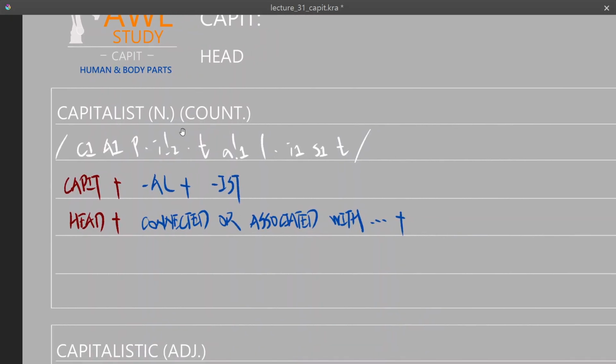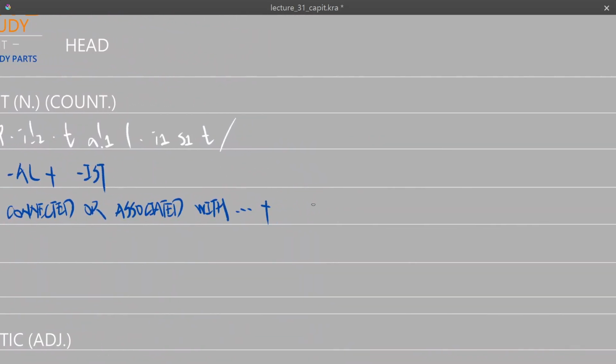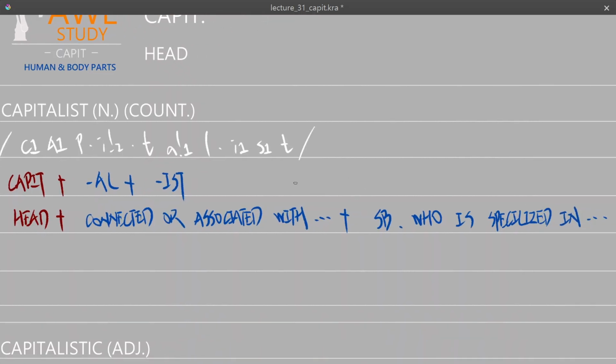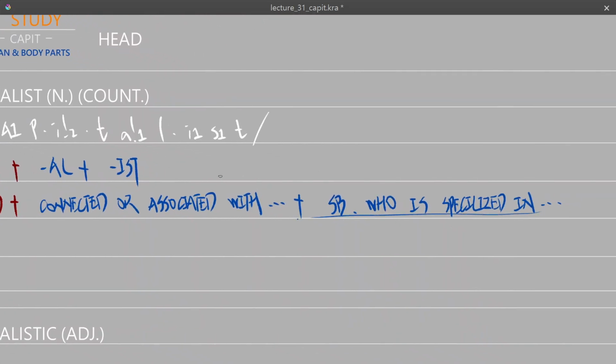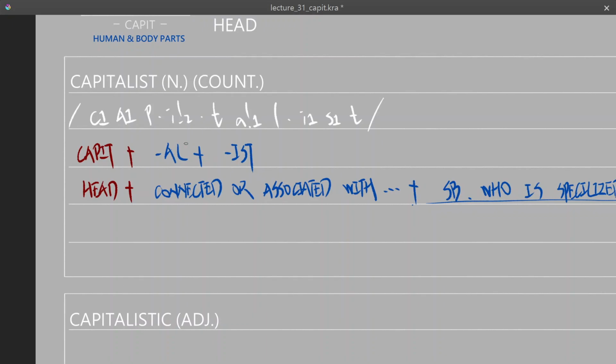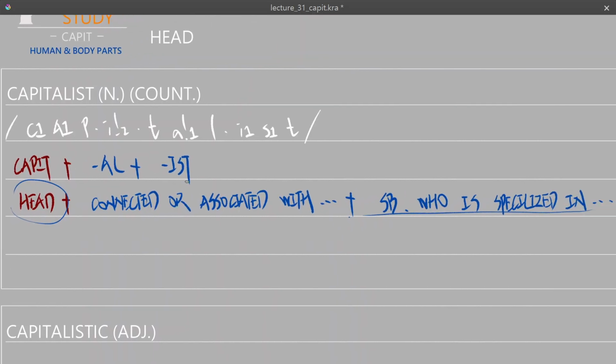The noun suffix meaning somebody who is specialized in something. So capitalist is some kind of expert, somebody who is specialized in what? In something about business or about property associated with a head, an individual person or entity.